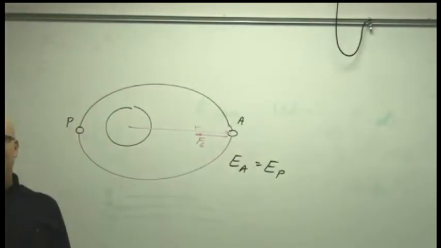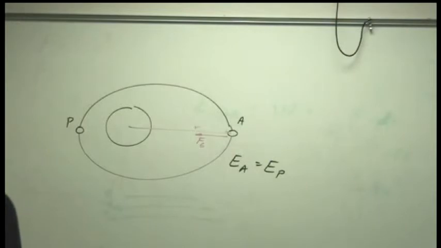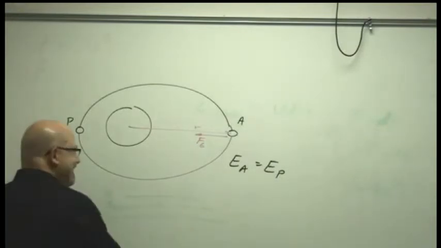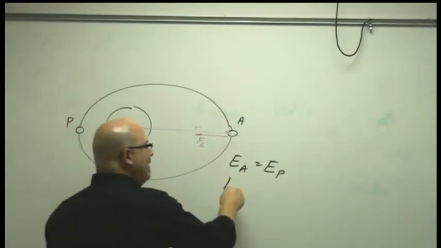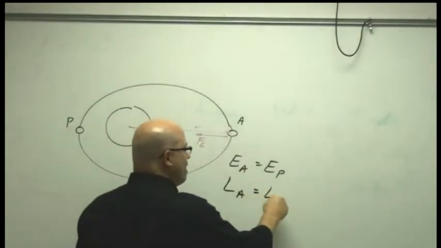How much torque does that force produce? R cross F is R F sine 180, which is zero. All right, so we have conservation of angular momentum.